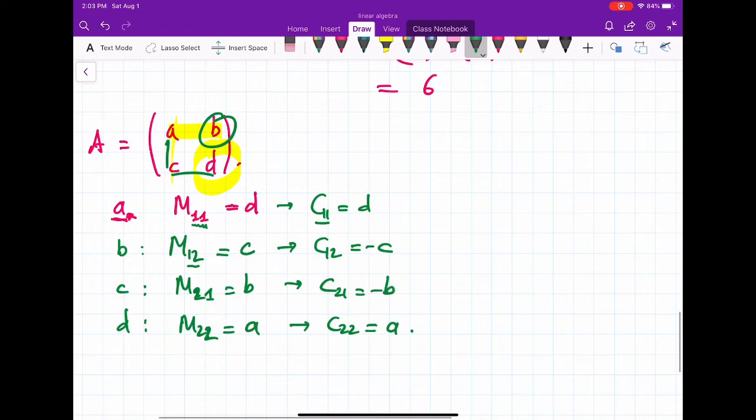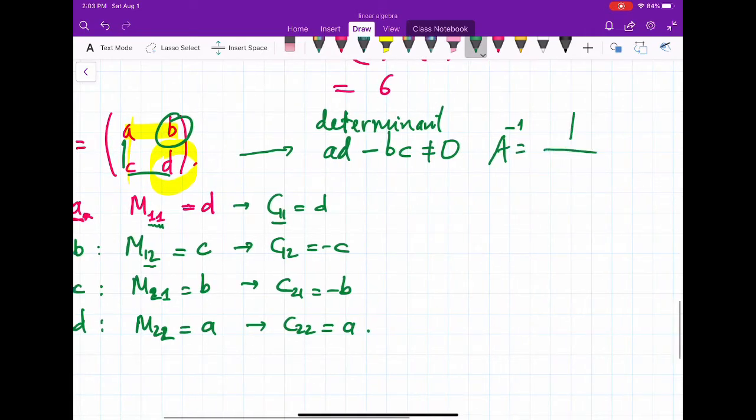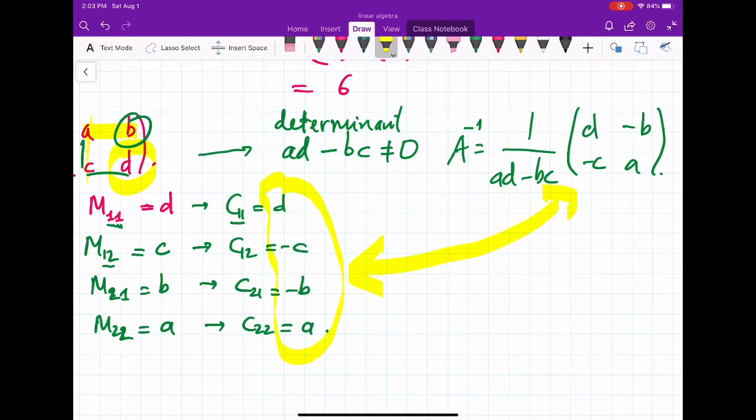All right, now look at this. If AD minus BC is not 0, meaning the determinant is not 0, then the inverse, A to the -1, is 1 over the determinant AD minus BC times the matrix D, -B, -C, A. Look at this, and this. Can we see something interesting?